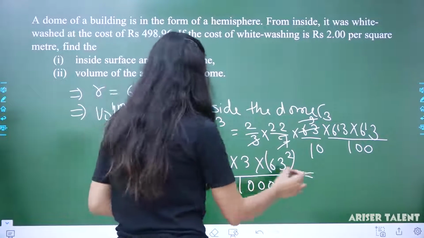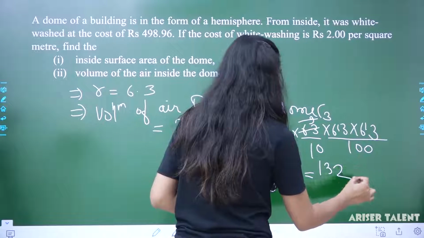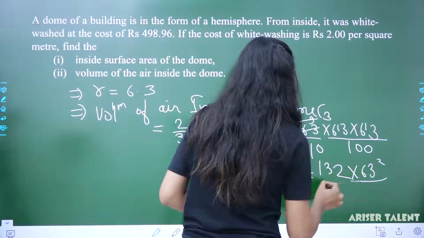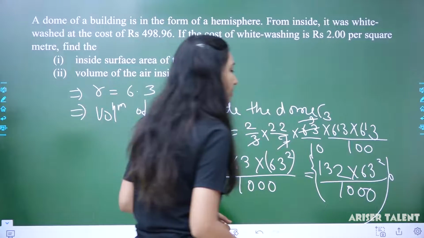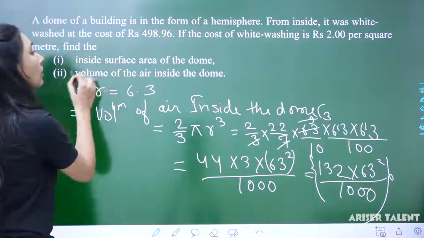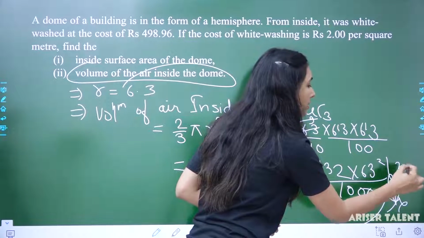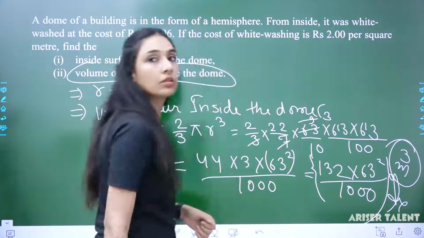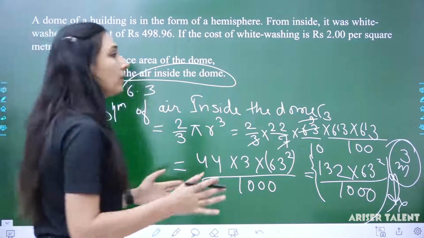The value of it here is 132 multiplied by 63 square by 1000. Now here you can calculate it, and that's going to be your volume of air inside the dome in meter cubes. The unit is important. So the calculation part you can do on your own.